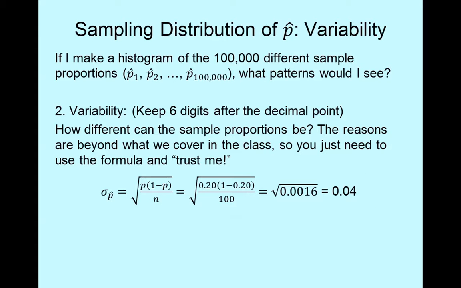What about variability? How spread out would the P hat values be? Well, the different sample proportions can vary based on a little bit of mathematics that we don't really get into. We don't cover where all these formulas come from necessarily, but we're just going to use the formula that the spread, the standard error or standard deviation of P hat values, sigma sub P hat, can be calculated as the square root of P times 1 minus P over n.